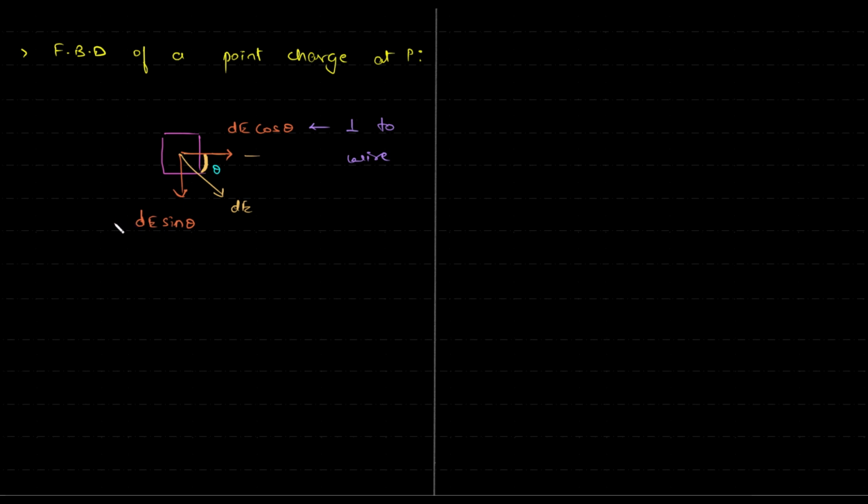And this is parallel to wire. This is going to help us. Now, let me do one more thing. Let me draw the free body diagram of a point charge at P itself.